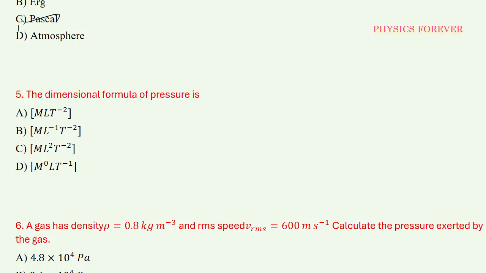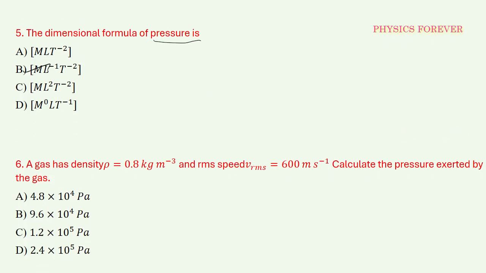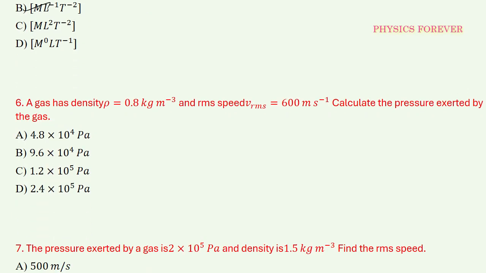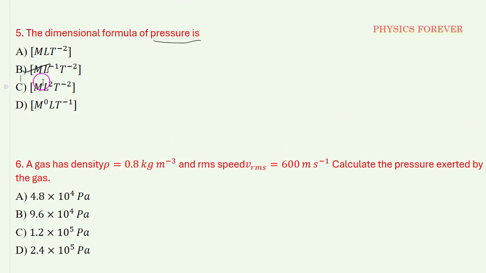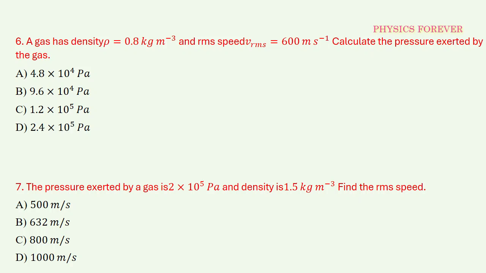Then the dimension formula for pressure, so the correct option is B. I think you already know how to do these, so we go to question number 6. If you don't know how to solve the dimension formula, just comment and we will discuss that.